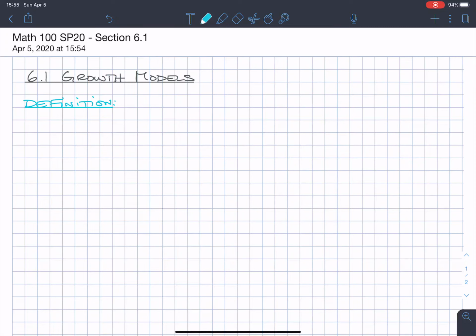So a sequence of numbers, let's call them capital P sub n, is defined recursively. So that's what we're defining, recursively.